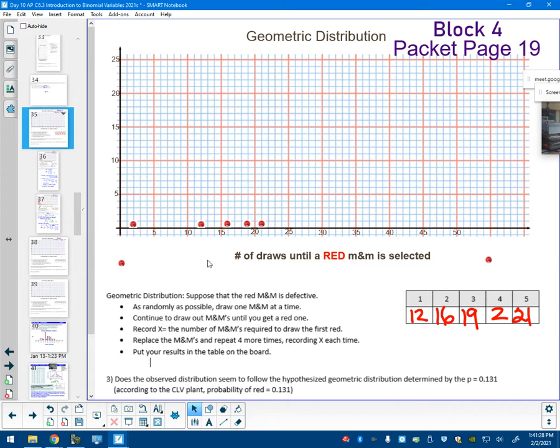Lily will go first, and then we'll go to Delaney's row. So Lily, tell me your 5 numbers. 10, 2, 22, 3, and 16.